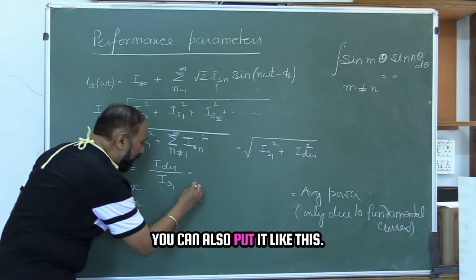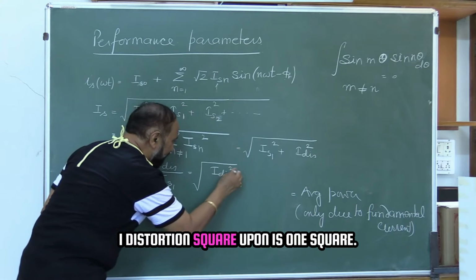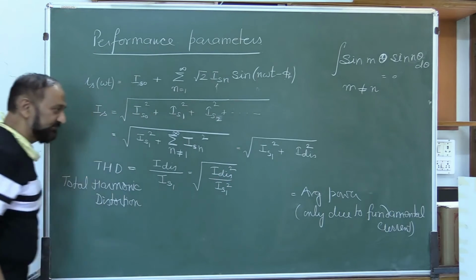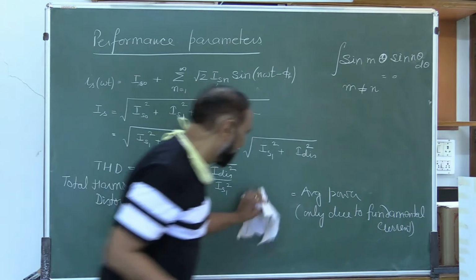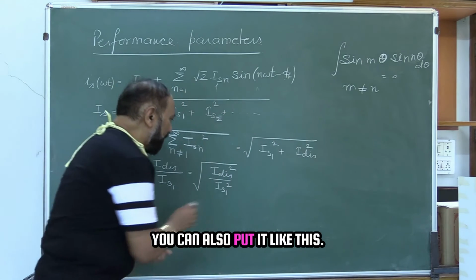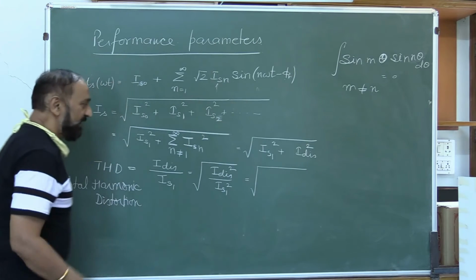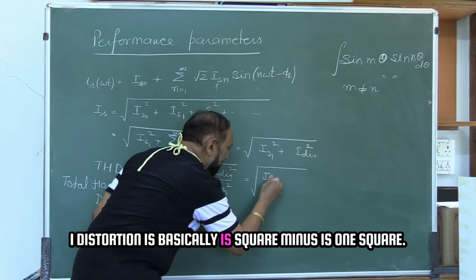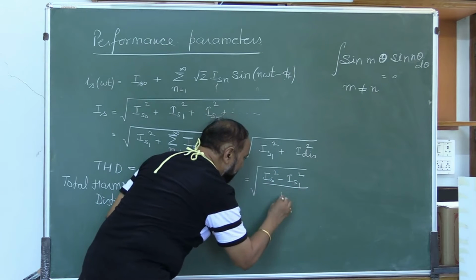You can also put it like this: I distortion squared upon IS1 squared. You can also put it like this: I distortion is basically IS squared minus IS1 squared.